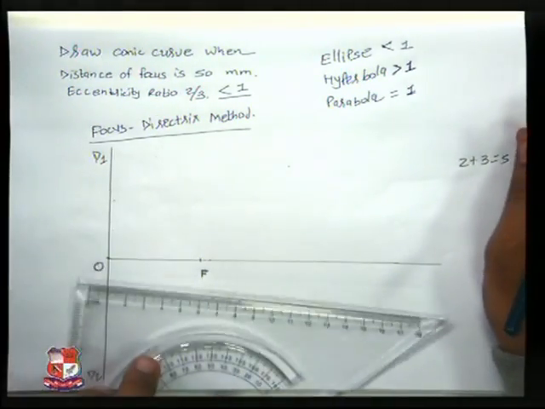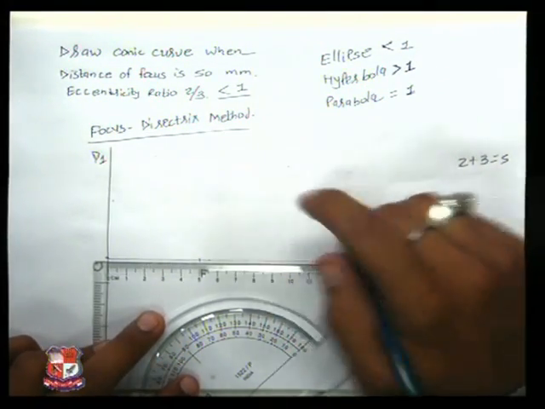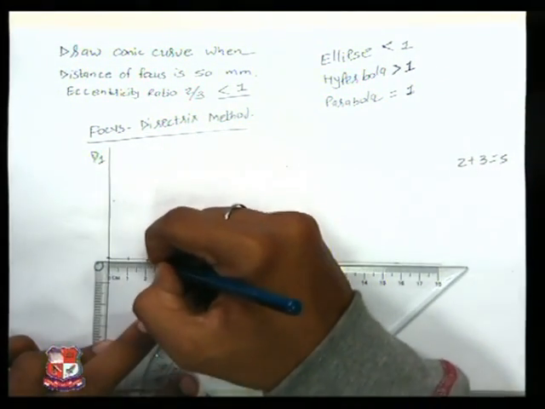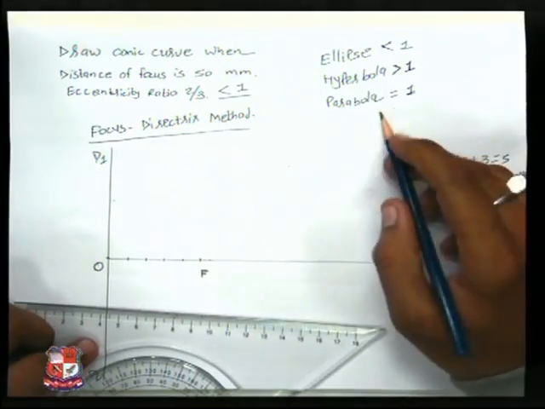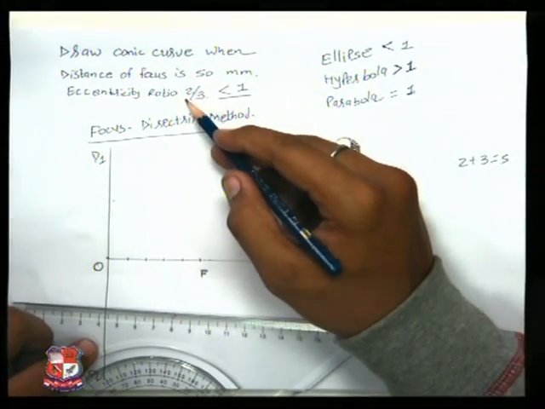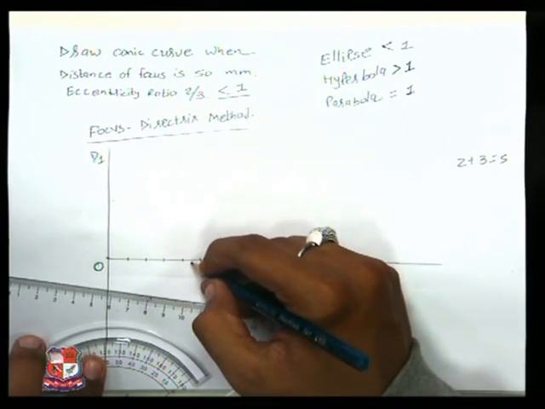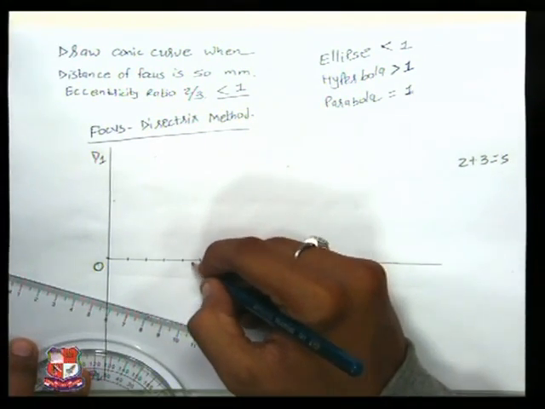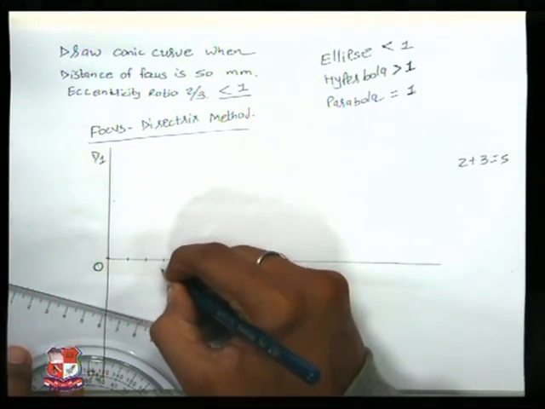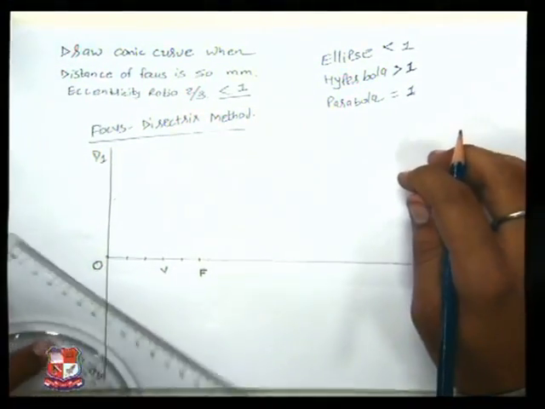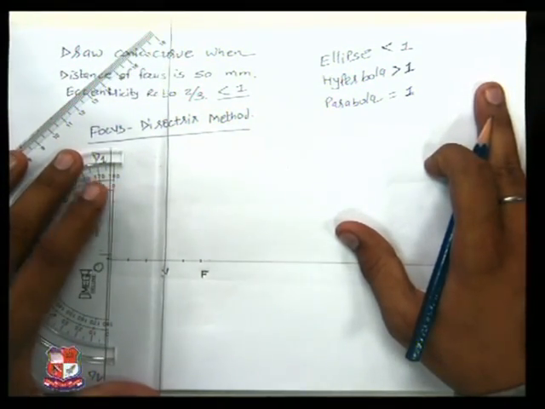So I will divide this OF into 5 equal parts. What would be the division? 10 mm each. Now this upper portion is 2, so our vertex point is 2 points away from the focus, 1 and 2.